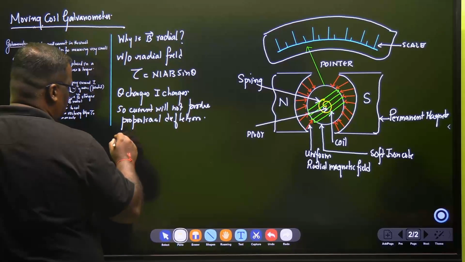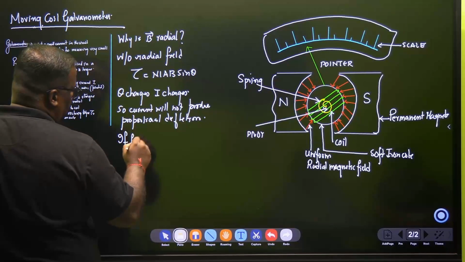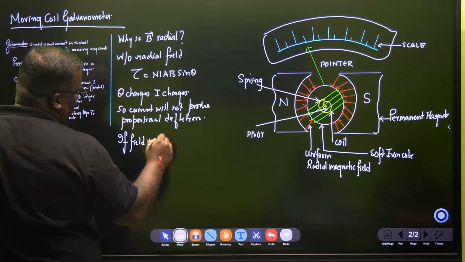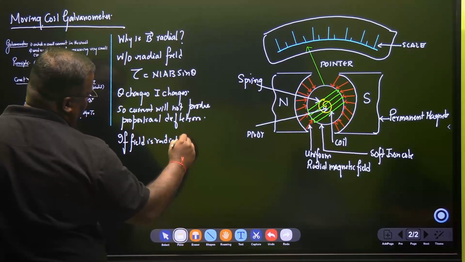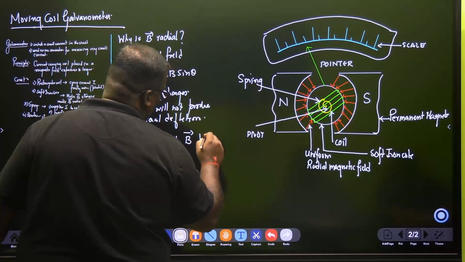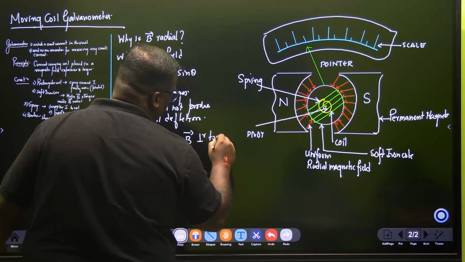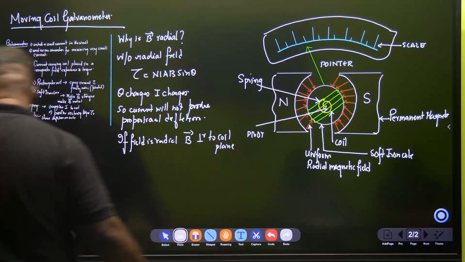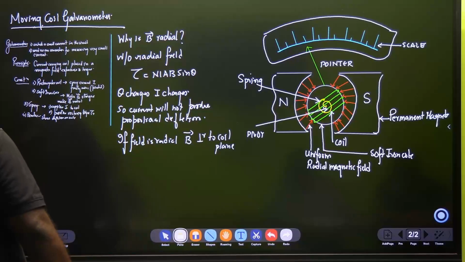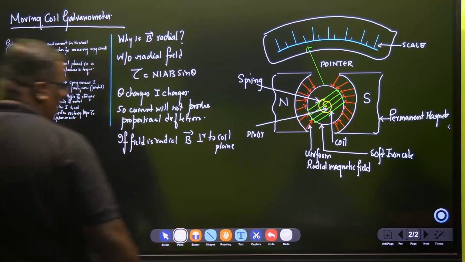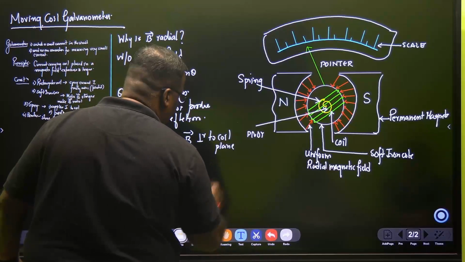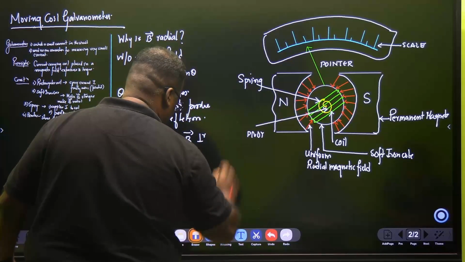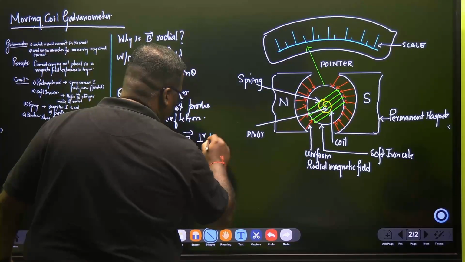All right. If the field is radial, then B is perpendicular to the coil plane. Or rather, we cannot say that, because it is the coil's area vector that is perpendicular to the plane.